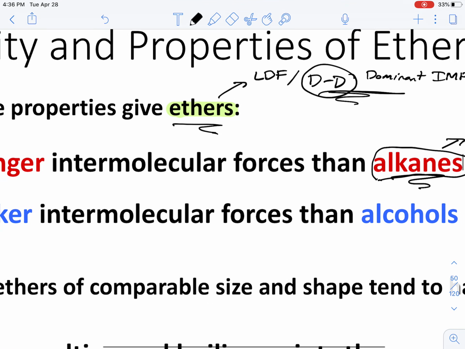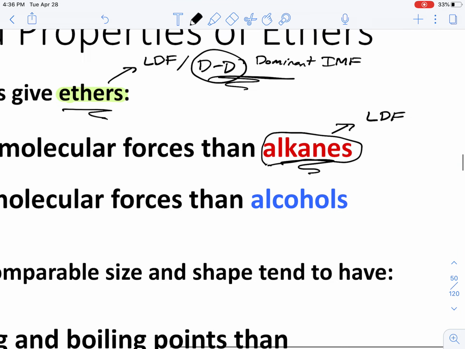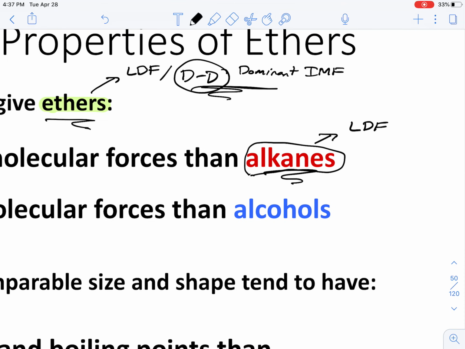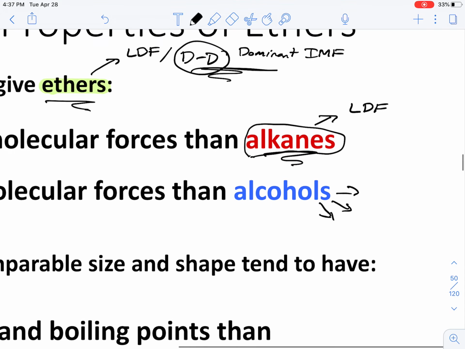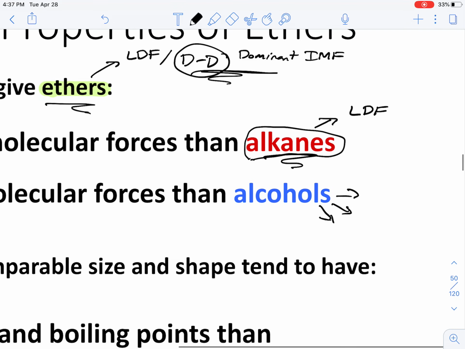But since ethers cannot form hydrogen bonds with other ethers, their physical properties are going to be less than that of alcohols.